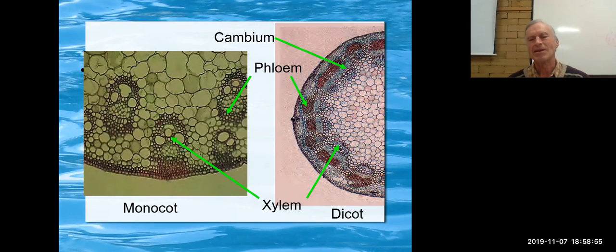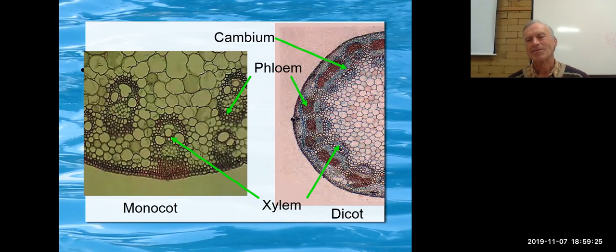So in the dicot, when the cambium grows, it makes more phloem on one side and it makes more xylem on the other side. And so it contributes to the growth of the stem in thickness. So the stem can get bigger around by the growth that takes place in the cambium.